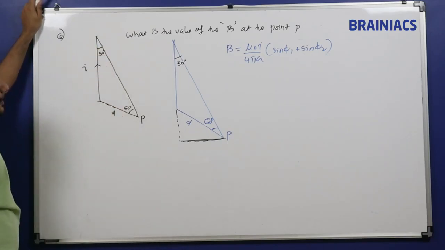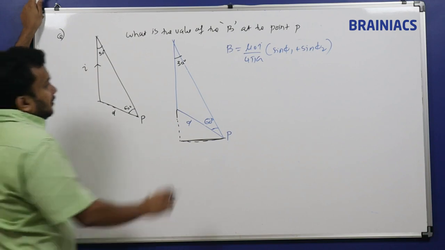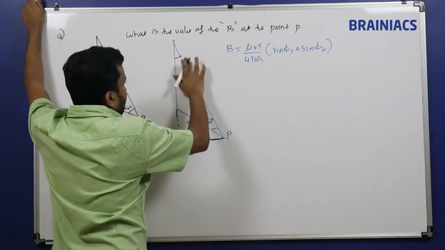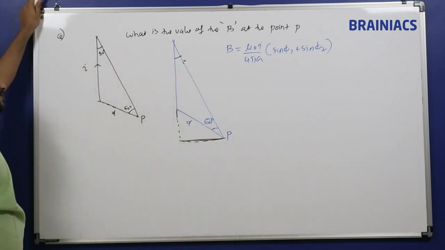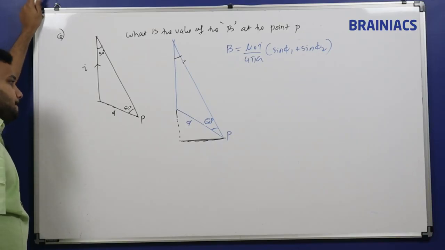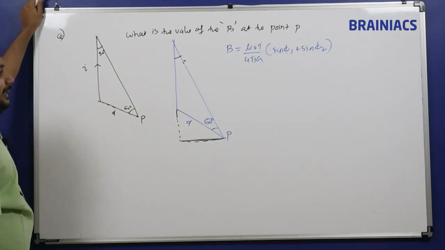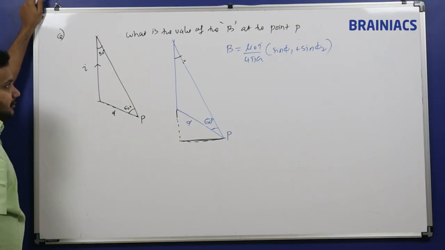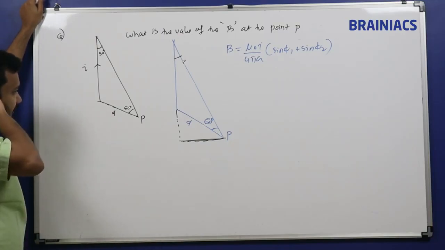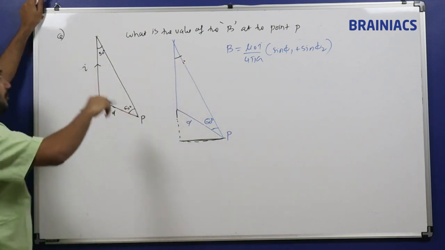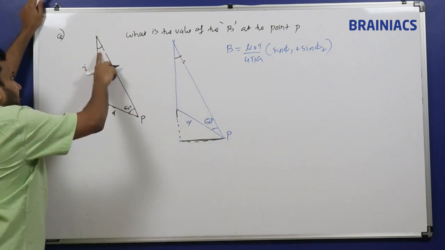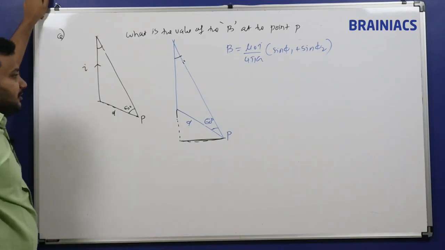Not 30 degrees, 60, 90, 30. Let me think for 1 minute what angle will be best suited so that we can apply sine and cos in a very perfect way.